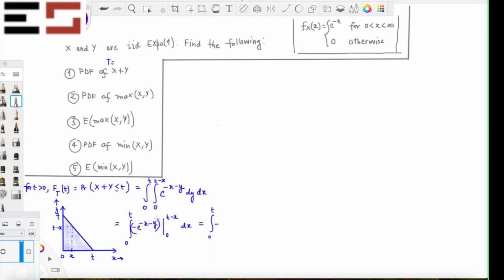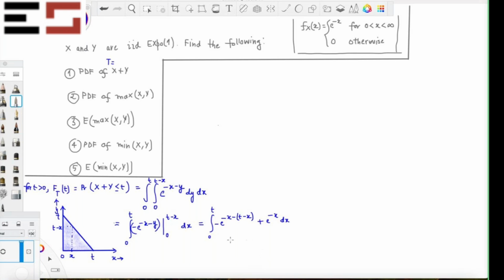Substitute in place of y, t minus x, and you will get this. Please correct me in case there is any calculation mistake.